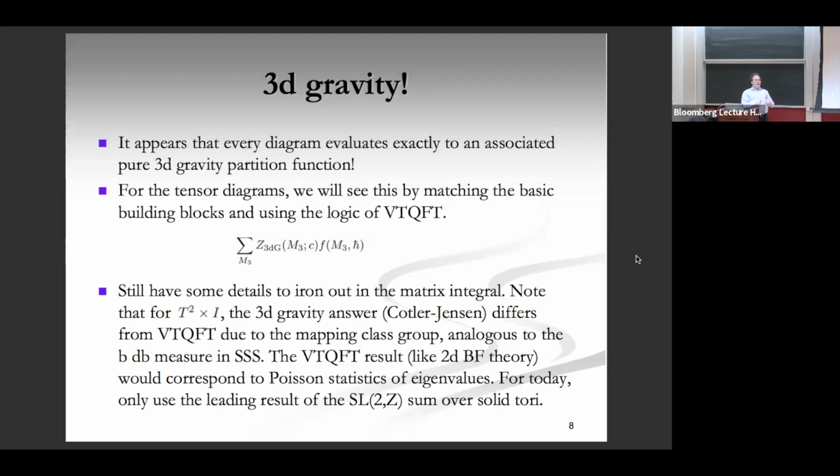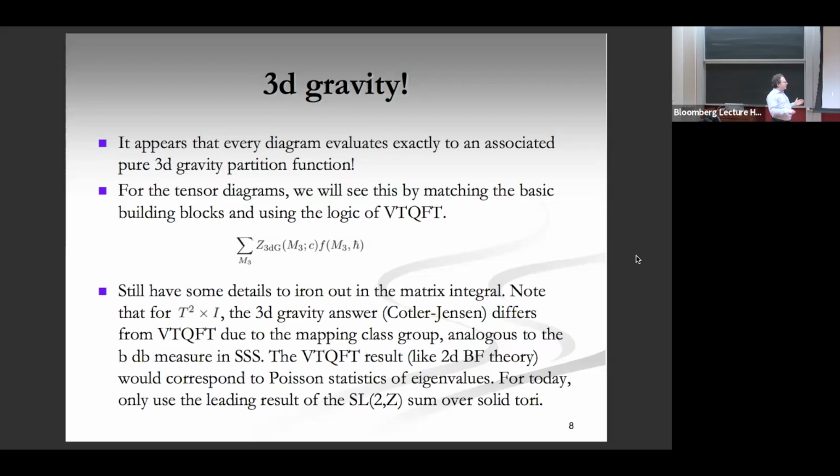So we would get a measure infinity db, not b. That's what the Virasoro TQFT produces. That doesn't say what the tensor model will give, but it maybe suggests there's something a little more subtle there. We mostly understand it, but I don't want to present it because it's not completely understood.